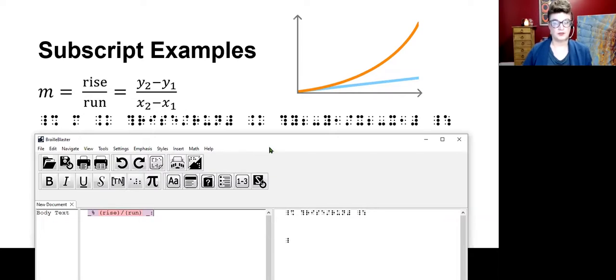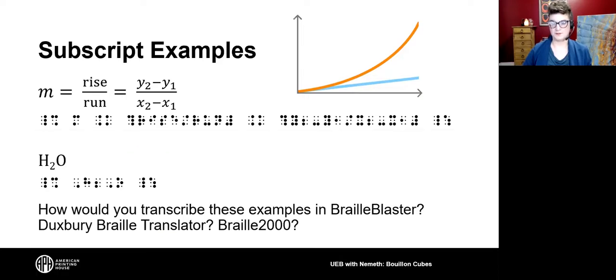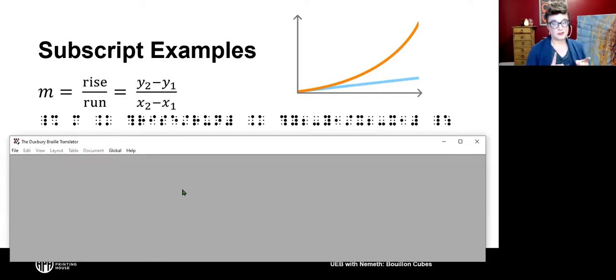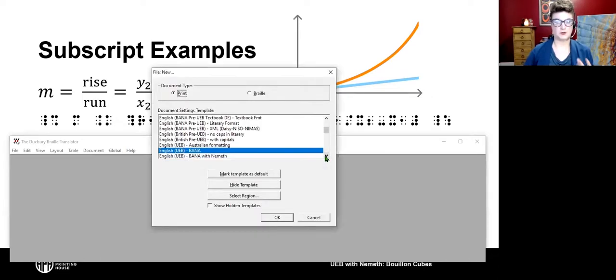on Braille Blaster, let's talk about how we might transcribe these examples in Duxbury Braille Translator, or DBT, if you will. Similar to what I did in Braille Blaster, I want to make sure that I'm working with the right codes first. So I'm just going to Control N or File New to make a new file.